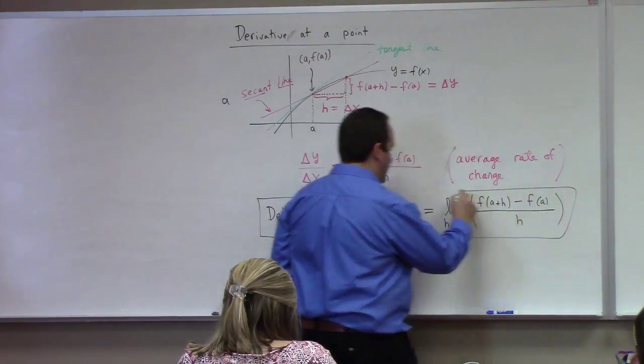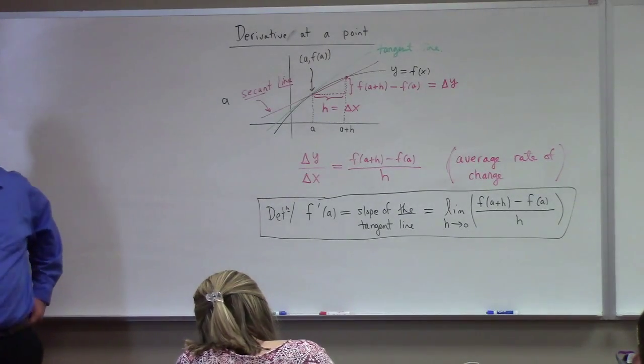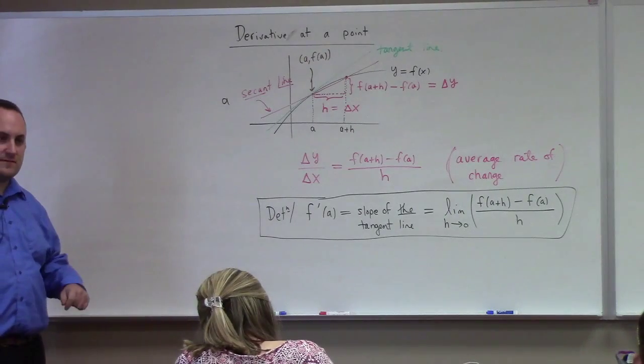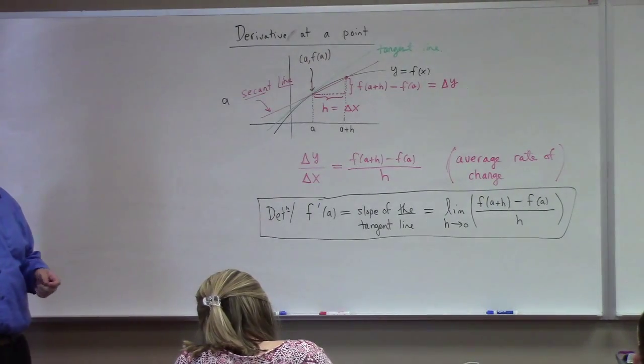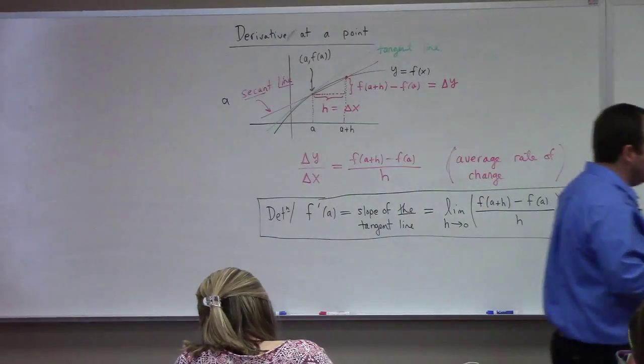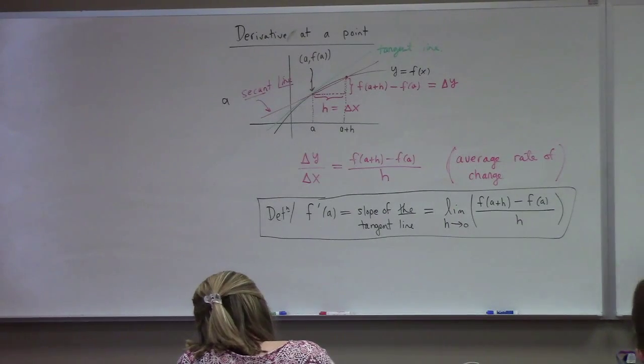I'll put a box around it. It's important. You need to know this. When I ask you to calculate the derivative from the definition on the test, you have to work through this. All right? I know some of you still remember nice shortcut formulas that you learned in high school calculus, and that's great.